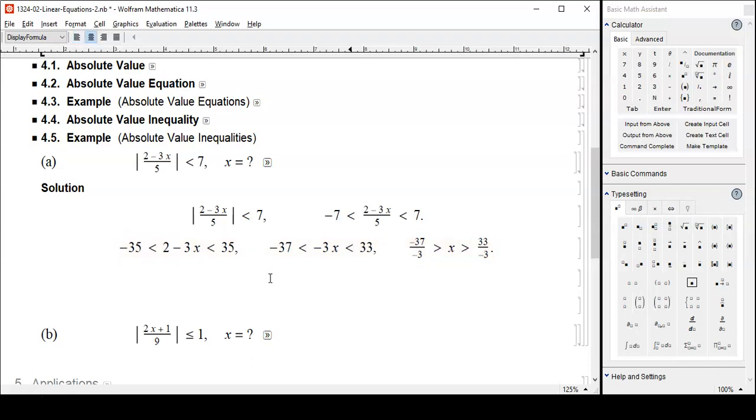So what do we have? 33 over negative 3, that's negative 11. And then this one here, no choice, 37 over 3.